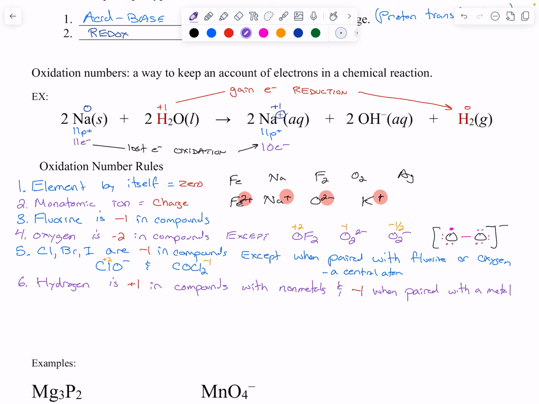Okay? So hydrogen's +1 most of the time. However, if it's paired with a metal, like sodium hydride, potassium hydride, hydrogen's going to be -1.